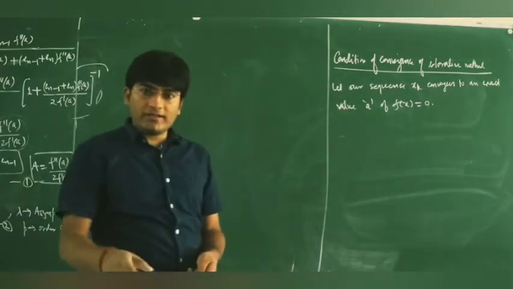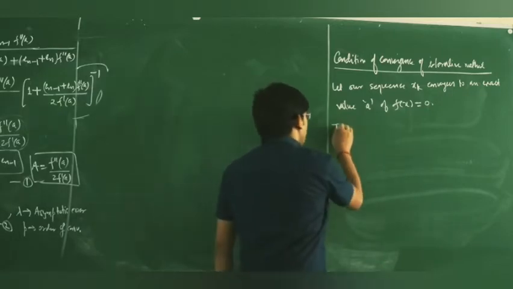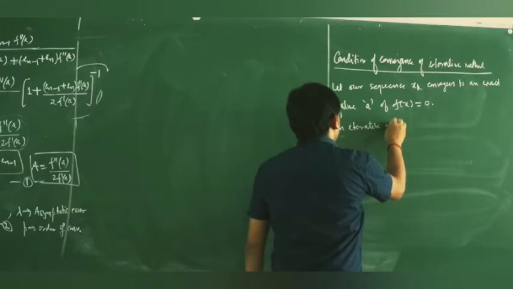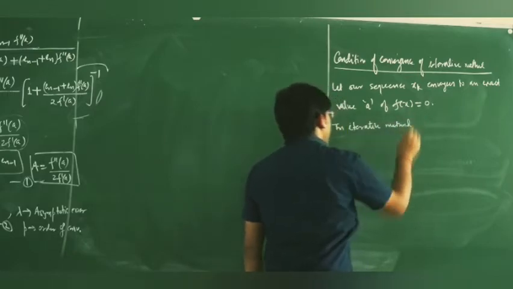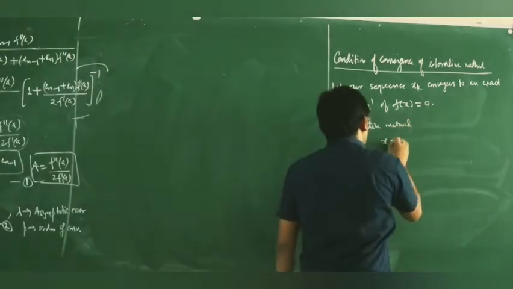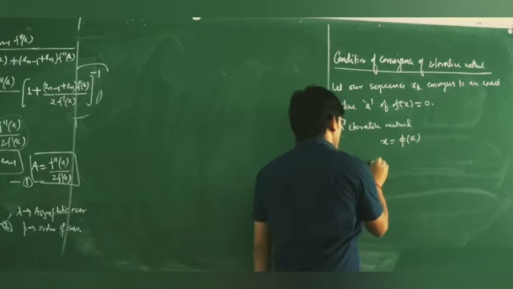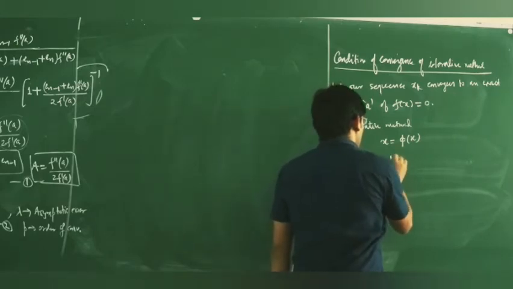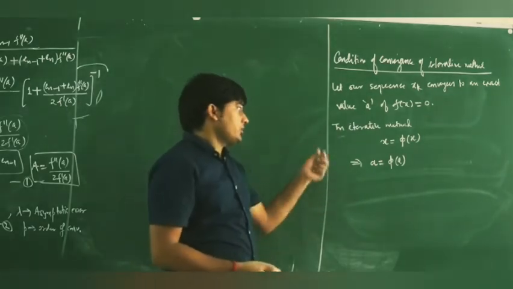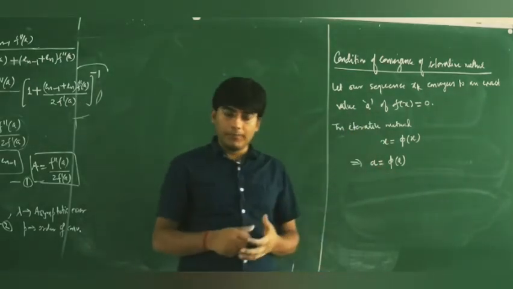Now this equation f(x) equal to 0 can be written, in fixed point iteration method, as x equal to phi of x. So from here we have a equal to phi of a, as our a is the exact root. As our sequence is converging to a, we will have a equal to phi of a.